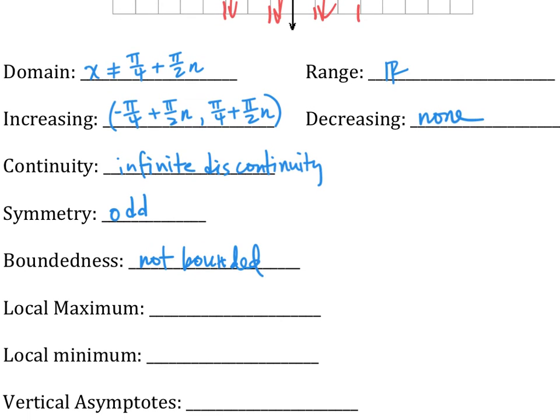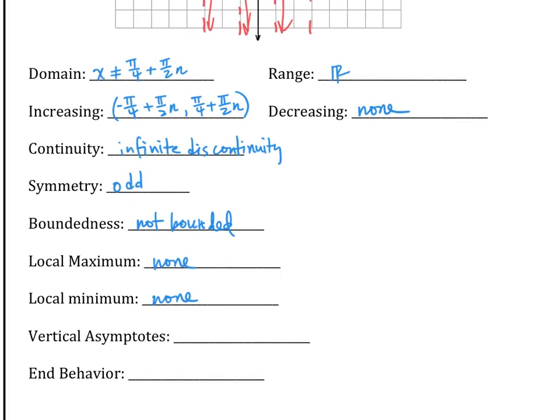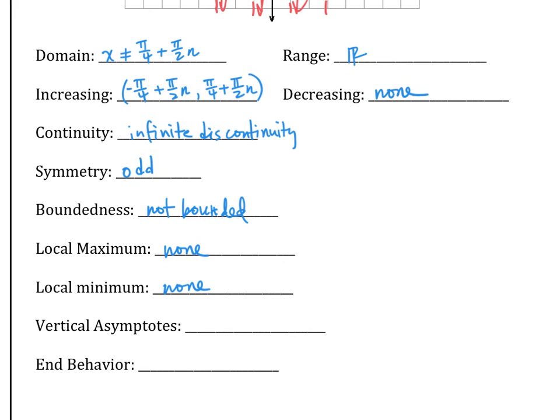Local max and min, well, this one does not have any of those. Vertical asymptote. Well, vertical asymptote is exactly the same as the domain, but this time we put equal to, not not equal to, because it is asking us, where are they? So you have to say, well, they are at, so you're using equal to. And end behavior, because the graph keeps going up and then restarting and restarting, there is no end behavior.